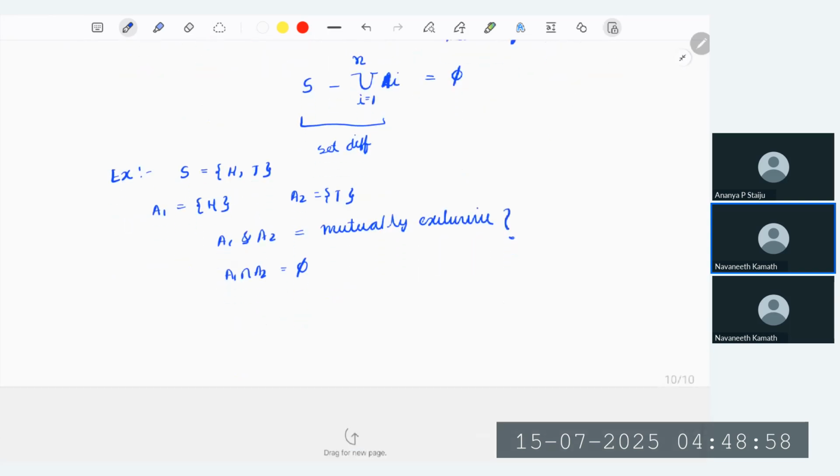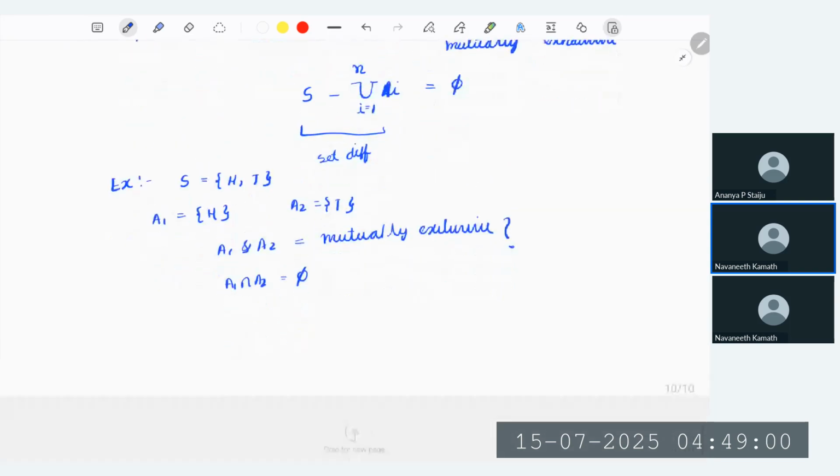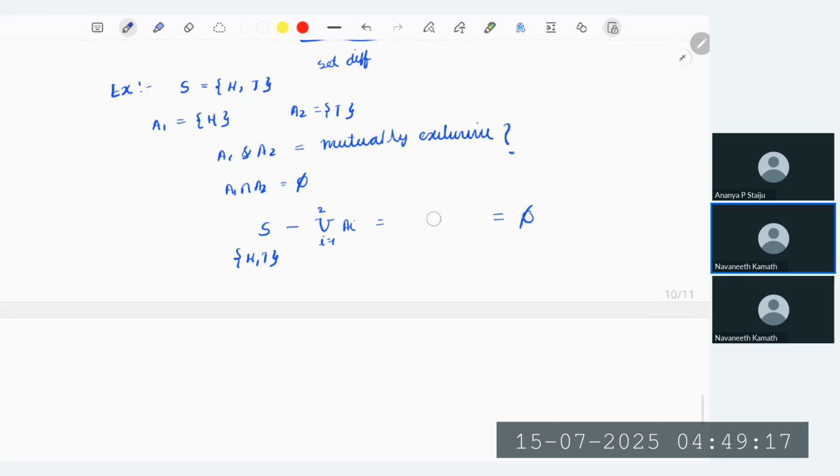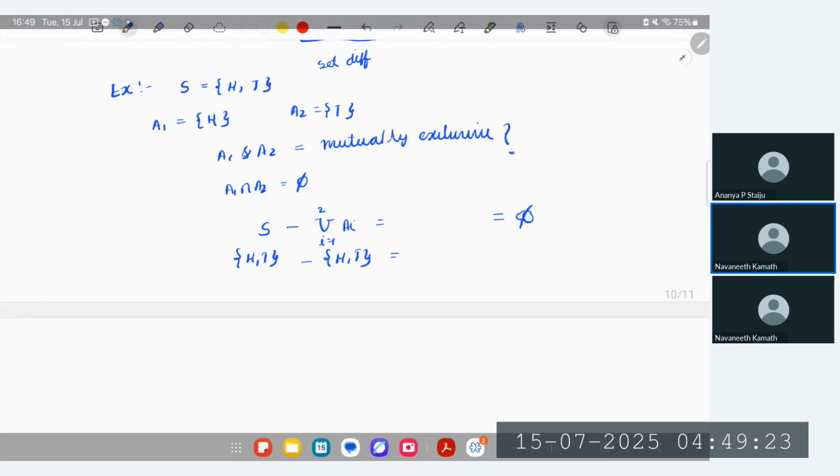Then the union of these sets is the union of head and tail, right? The total will be head and tail. If I subtract that from the sample space, which is also head and tail, you'll get a null set, right? That is what mutually exhaustive means.